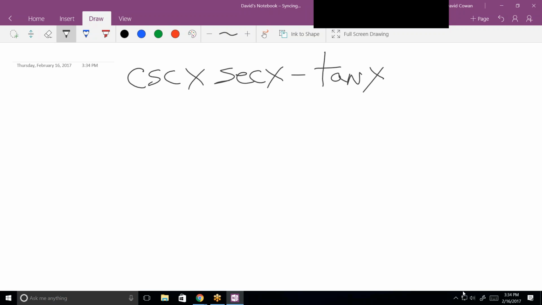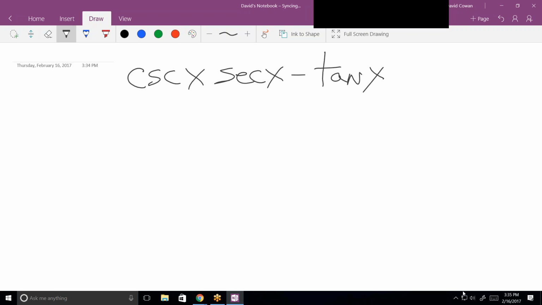Usually when they want you to simplify, you can't go wrong by turning everything into sines and cosines. This is one step short of verifying. When you get into verifying, if there was a right side, then you know which direction you have to go.